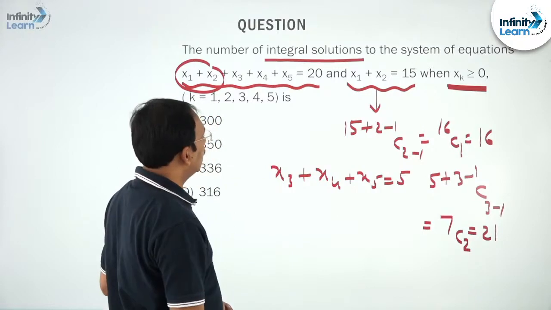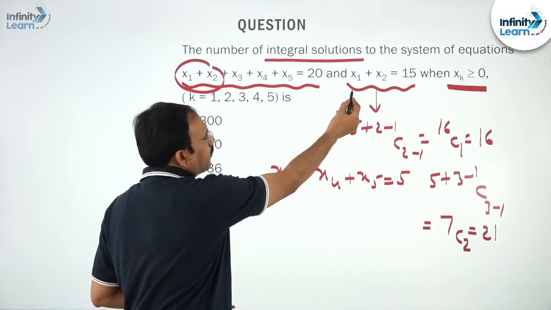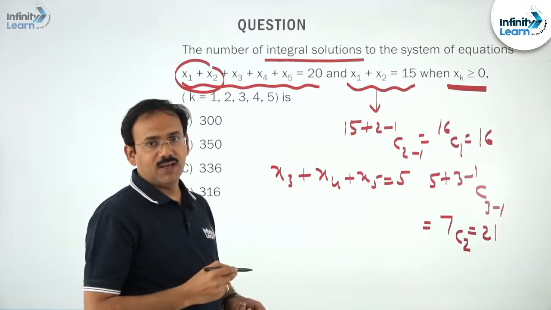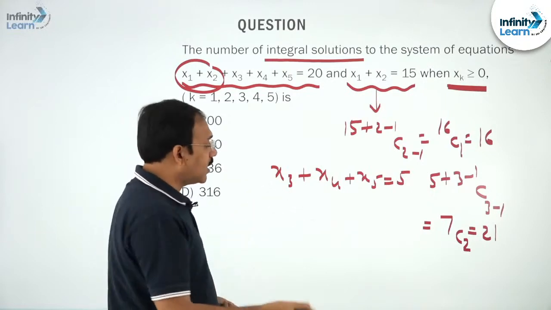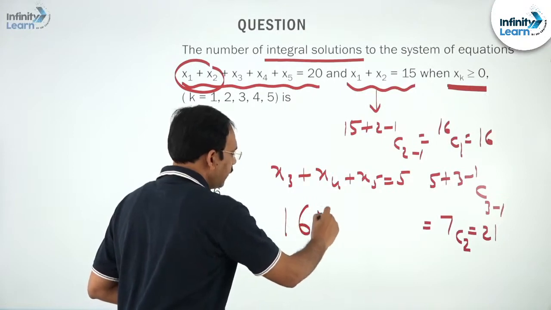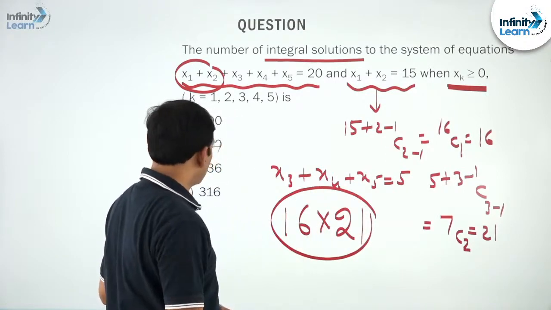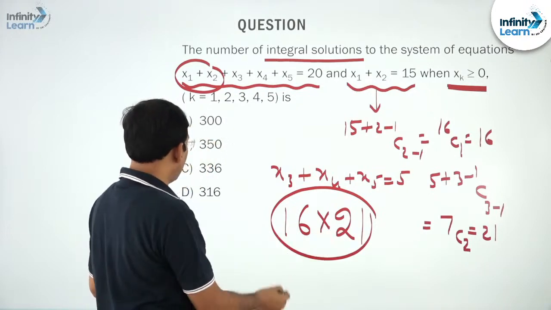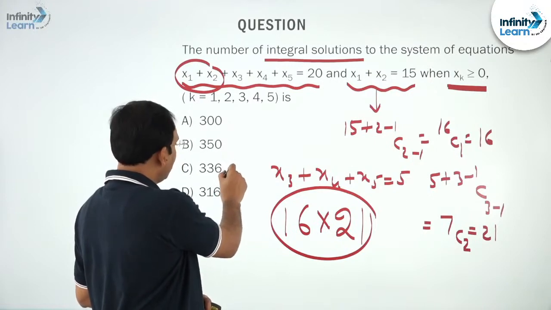So friends, you see, in each combination, suppose you have taken 0, 15, here 21 cases will be there. If you take 1, 14, 21 cases will be there. Total number of cases, there are two fundamental works, first work into second work, 16 into 21 is going to be the answer. This is going to be a multiple of 3, this is not a multiple of 3, it is a multiple of 6.